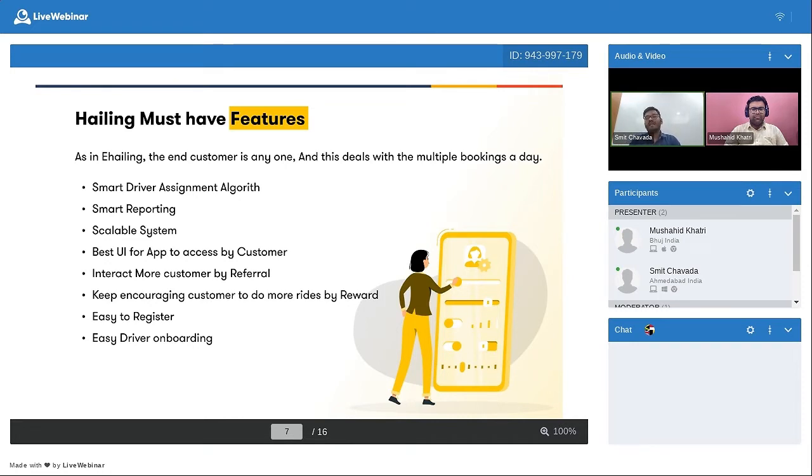If you are using the application and at a particular time you are getting thousands of requests at one time, then definitely you need a scalable system. Otherwise, if you get hundreds or thousands of rides right at one time, your system will crash. That requires a scalable system.